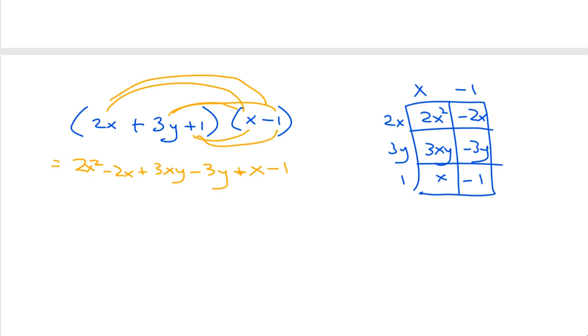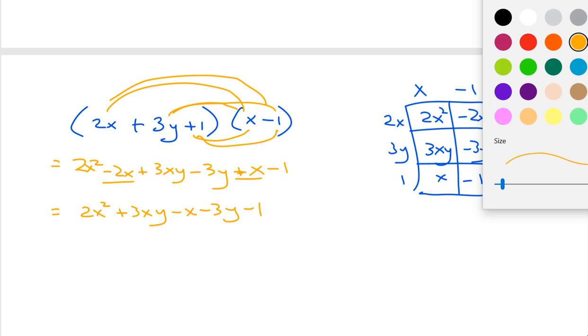Notice there are 6 multiplications because I have 3 things in the first bracket and 2 things in the second bracket, and each item from the first must be multiplied by each item from the second for a total of 6 multiplications. Let's look for like terms. I think I only see this one and this one. Those are the only like terms. So then we're going to write 2x squared plus 3xy minus x minus 3y minus 1.